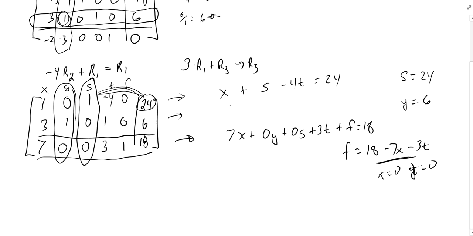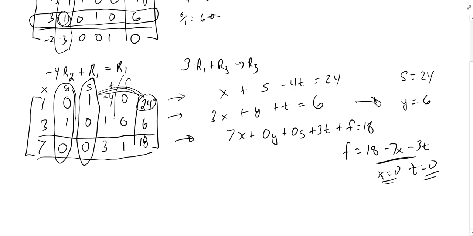Or if you want, you can turn that into an equation. You've got 3x plus y plus t equals 6. And I've already decided that x should be 0 and t should be 0, otherwise I'll be subtracting from my value there. And so if x is 0 and t is 0, then y has to be 6.